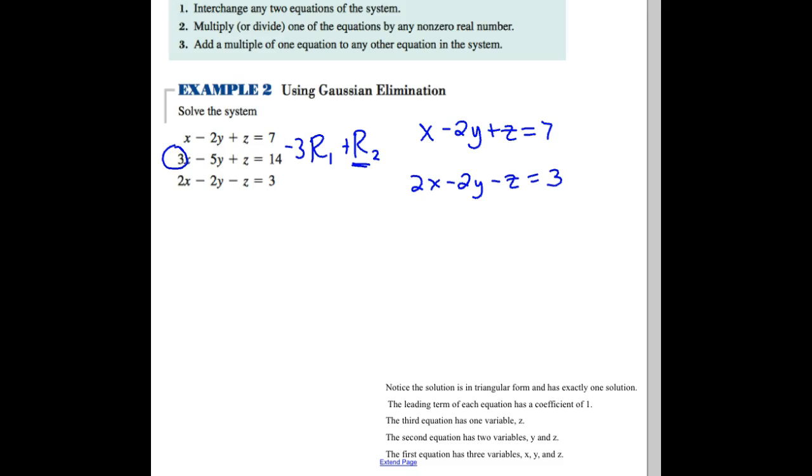Okay? So if I take -3 times this x, I get -3x. Add it to the 3x underneath, I have 0 x's, right? No x's. If I take -3 times the -2y, that makes 6y. If I add it to the -5y, I get 1y.